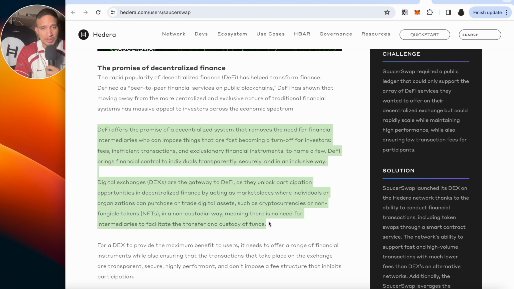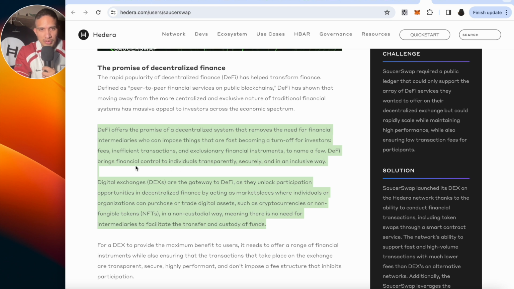This is for newcomers, so you can skip the next 10 to 20 seconds. So anyways, DeFi offers a promise of decentralized system that removes the need for financial intermediaries who can impose things that are fast becoming a turnoff for investors: fees, inefficient transactions, and exclusionary financial instruments, to name a few.